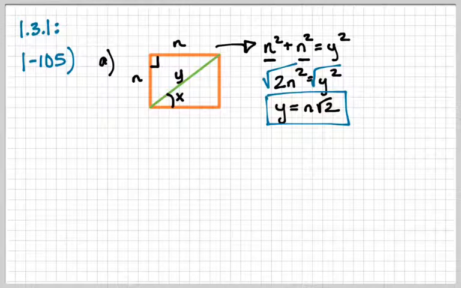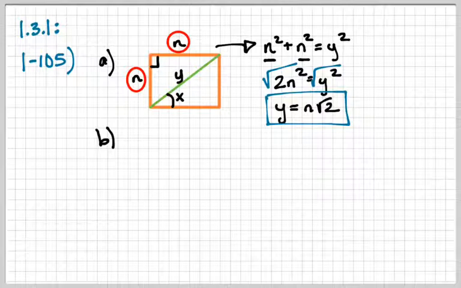Part B asks us to find the measure of the angle x. Now, because it is an isosceles triangle, it's got 2 sides that are equal, that means those opposite angles, opposite the sides n, so this angle and this one must also be equal.